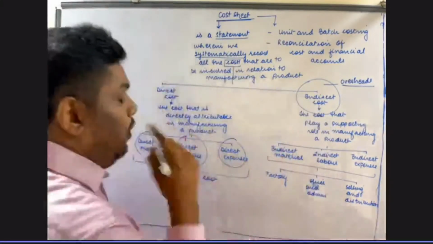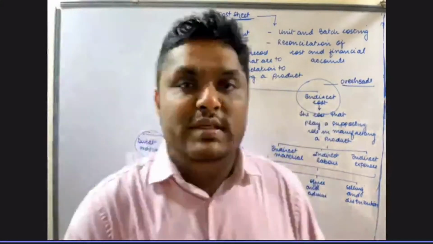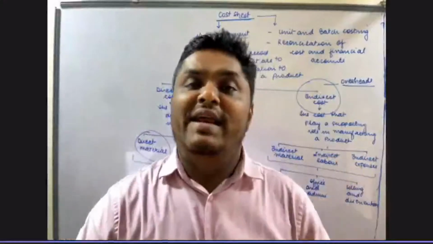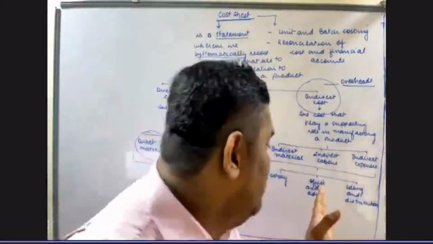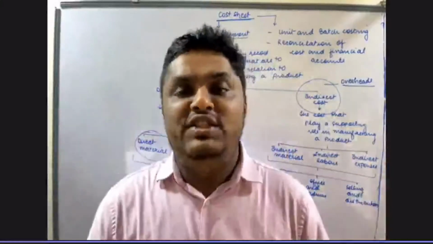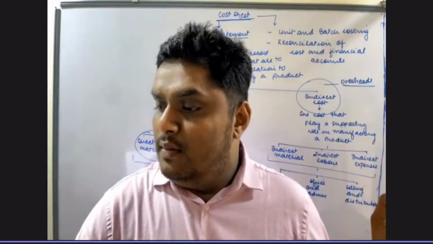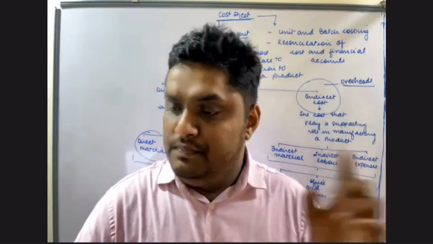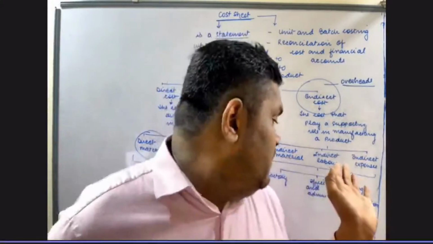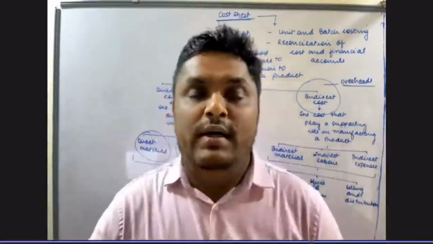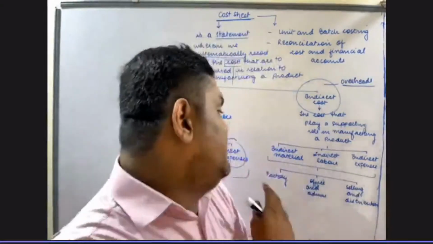At all the 3 levels, this indirect cost is incurred. That is, there can be indirect material, indirect labor, and indirect expenses at office level also, and selling and distribution level also, and at factory level also.